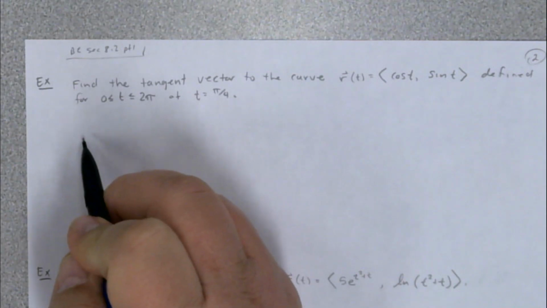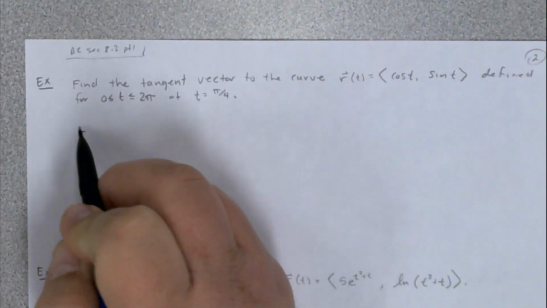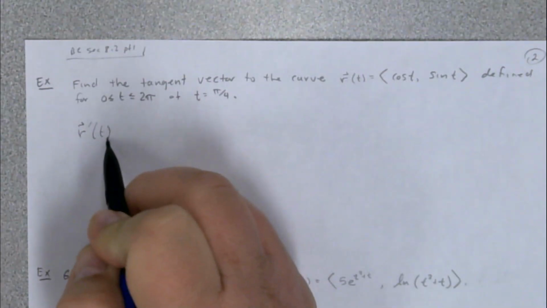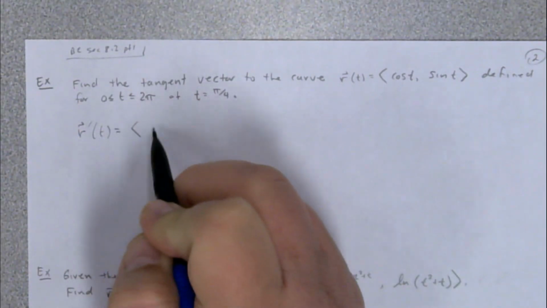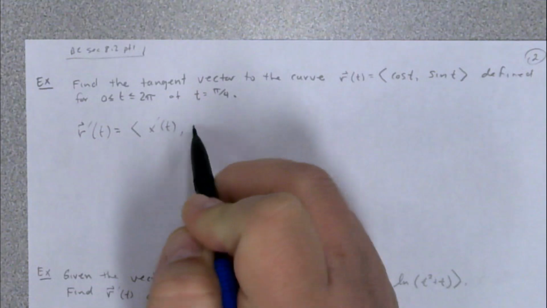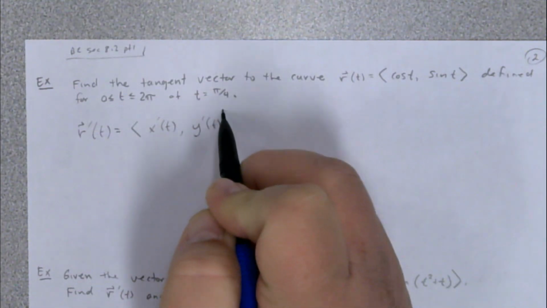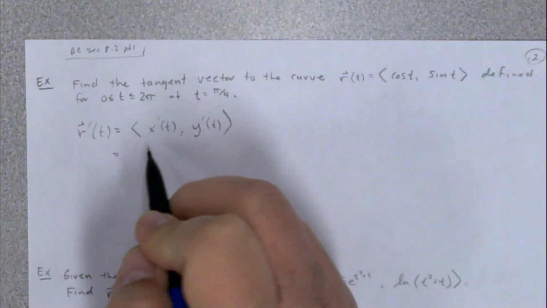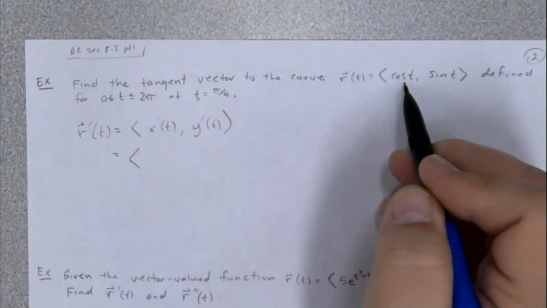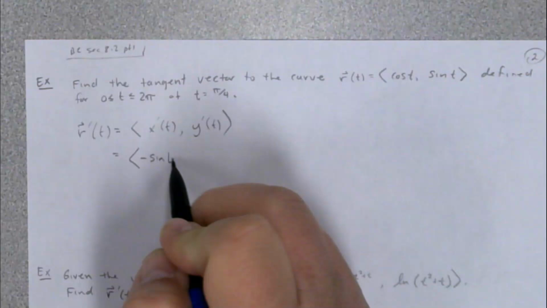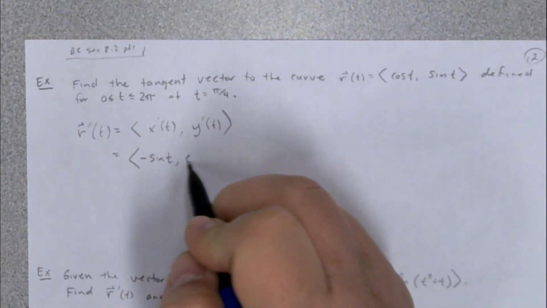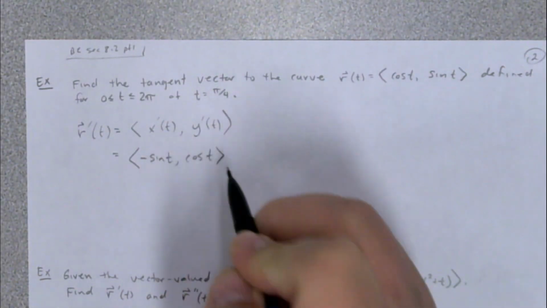Vector r prime of t, we already know, is x prime of t, y prime of t. The derivative of cosine is minus the sine. The derivative of the sine is the cosine. So there's that.